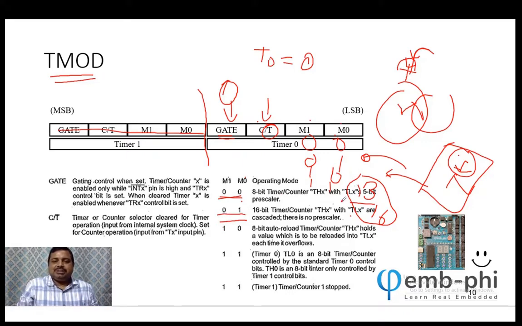Whatever the 16-bit mode will do, the 13-bit mode does automatically. What 13-bit and 16-bit mean, I am going to explain to you. But whatever it does, it is able to do automatically, so don't worry about that.